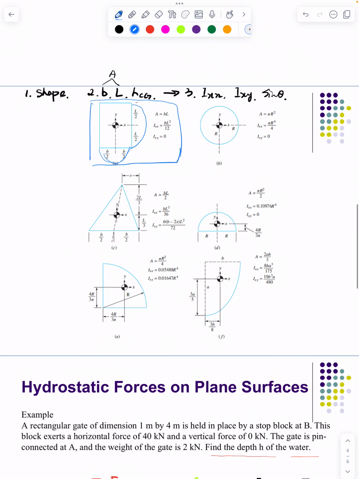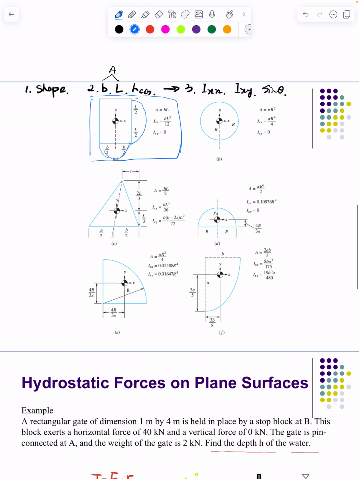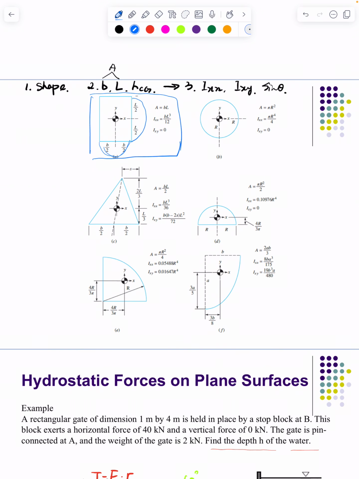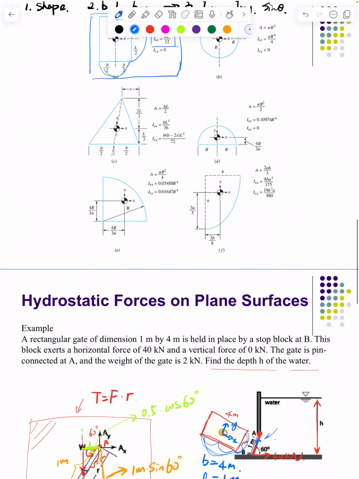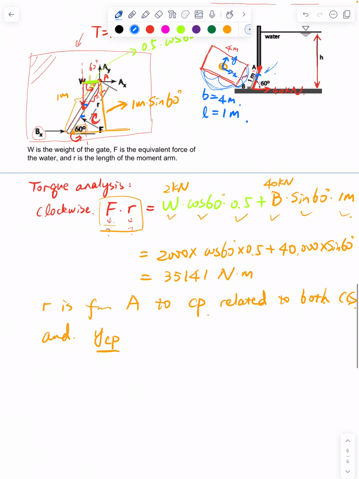And then we go back to here. So A equals BL, which is quite straightforward. We don't need to think about it for now. But for IXX, it's given that IXX equals BL to the third over 12, right?